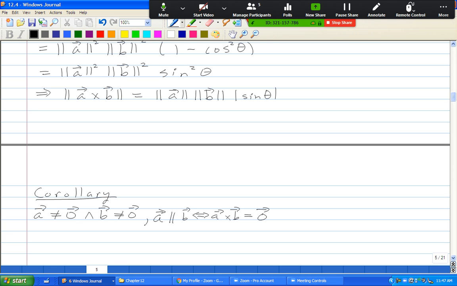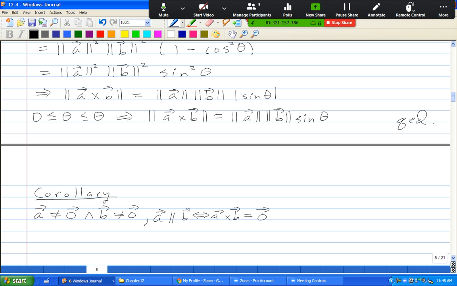And so, if I assume that theta is such that the sine is always non-negative, let me restate that, so that the sine is never negative, then the norm of A cross B is just the norm of A times the norm of B times sine of theta. And that's what I wanted to show.